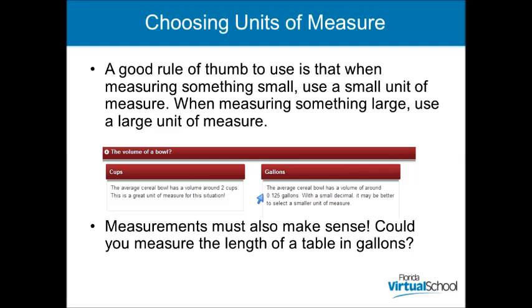So we would say we have 0.125 gallons. So have you heard someone say, I have 2 cups of cereal in my bowl? Or do I have 0.125, 125 thousandths of a gallon of cereal in my bowl? So of course, to make things make sense, you have to use the appropriate unit of measure.